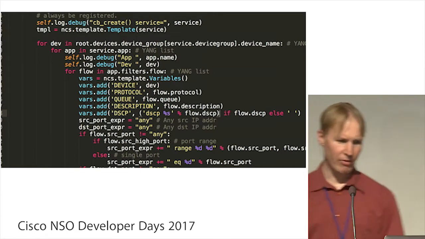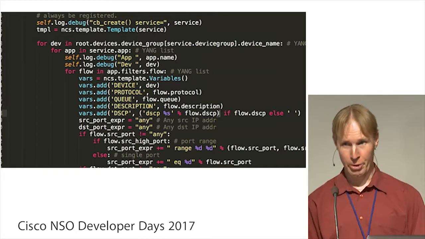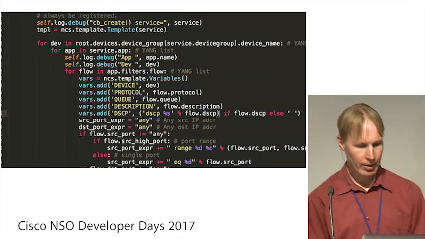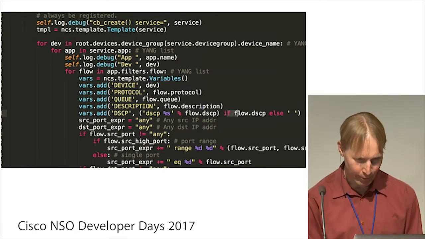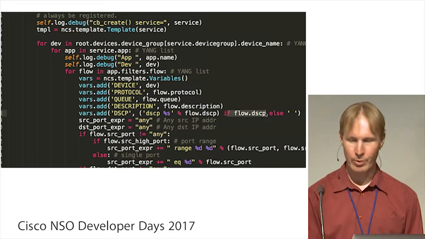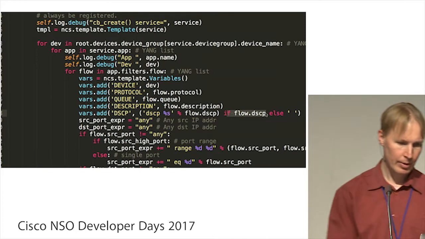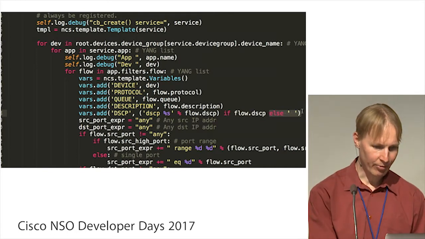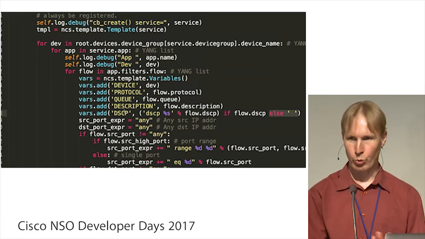But none is not a good value to push into the template, because it will match the word N-O-N-E or something like that. So I only do this vars add thing if flows DHCP, meaning it is not none or blank or 0. Or otherwise, I'll shoot in a space there instead. This whole DHCP will just translate into an empty space.